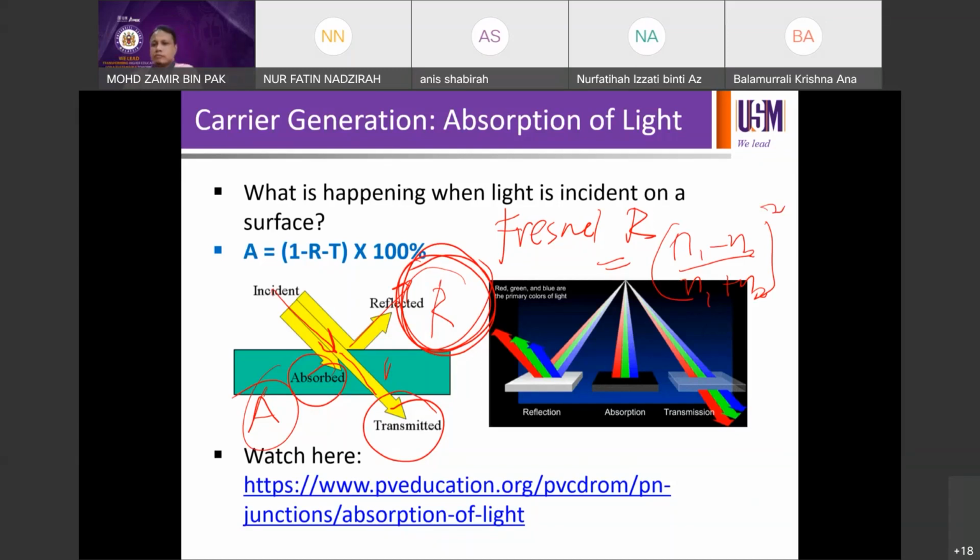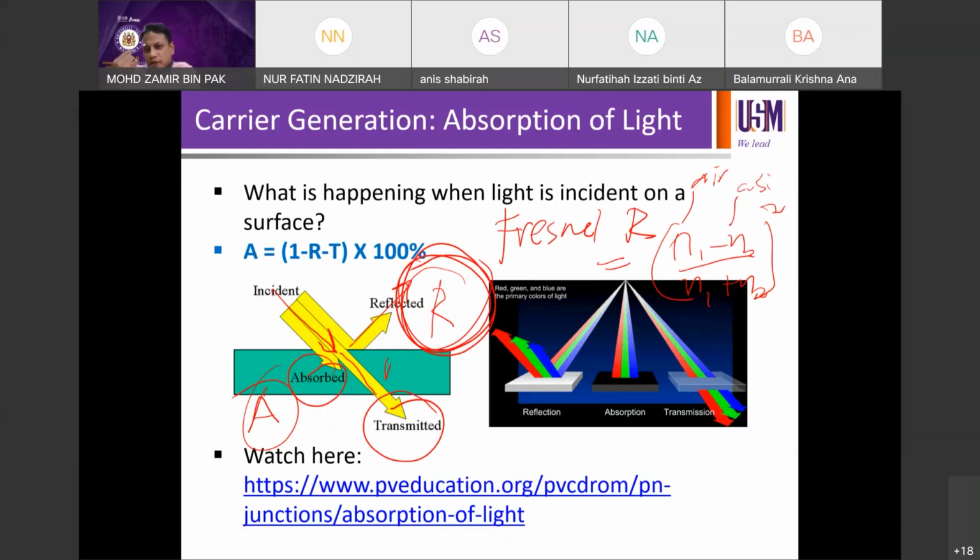Can you try pressing your calculators? Plug in your N1 as 1, air. N2 is your crystalline silicon. You can use the value given by Bala, let's say crystalline silicon 3.9.